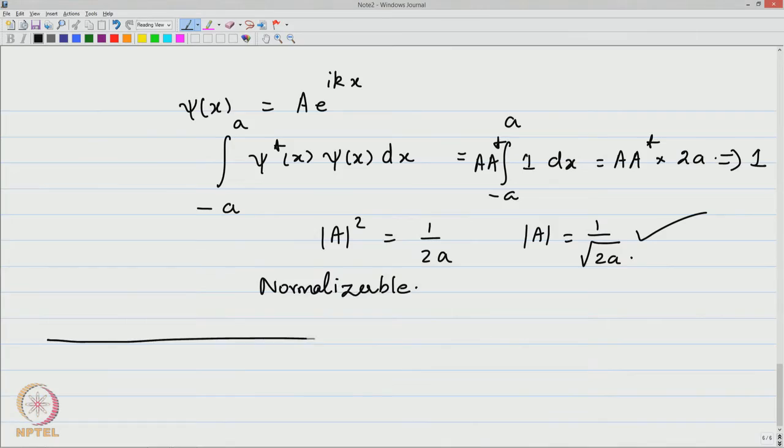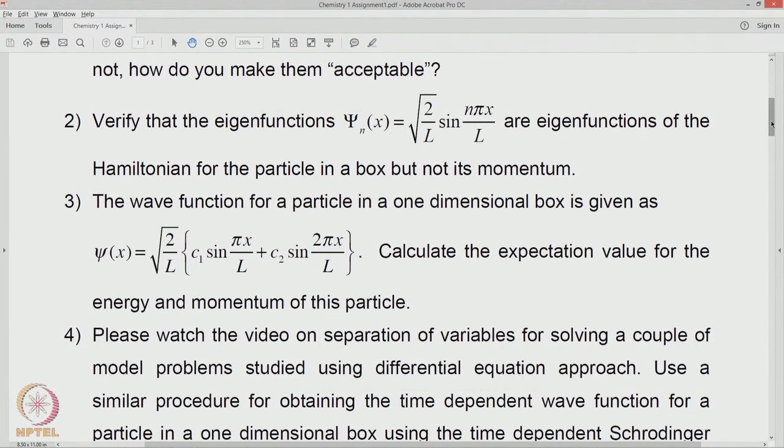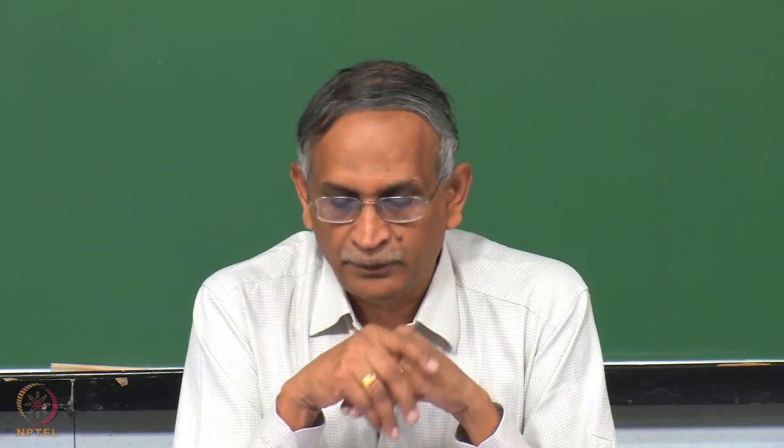The second problem is, of course, to state that the eigenfunctions psi n of x that you have done for a particle in the box with a finite boundary are eigenfunctions of the Hamiltonian for the particle in a box, but not of its momentum. That is, they are not eigenfunctions of the momentum operator.